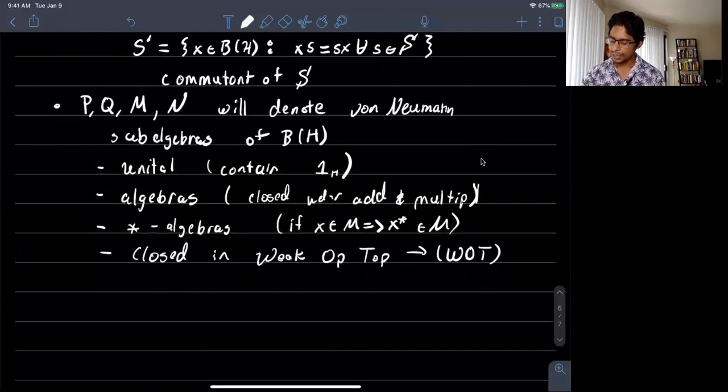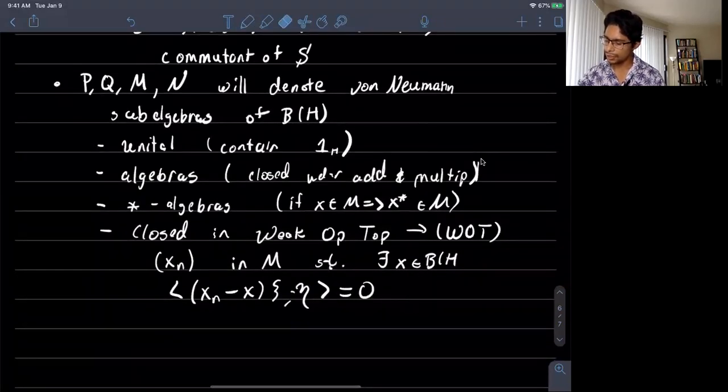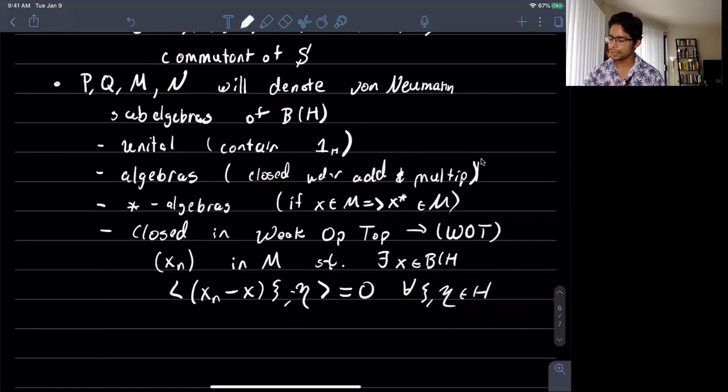Well, the idea is that if you have a sequence, or more generally a net, in this star subalgebra, and you also know that there exists some bounded operator X out there with the property that when you look at this new net of inner products, where this is the inner product on H and these are arbitrary pairs of vectors in the Hilbert space in which you're acting, this converges to 0.